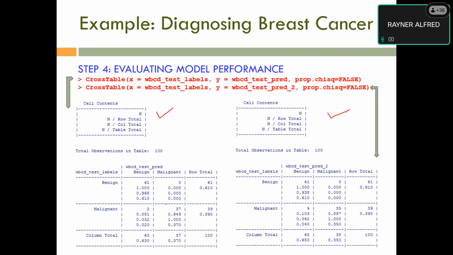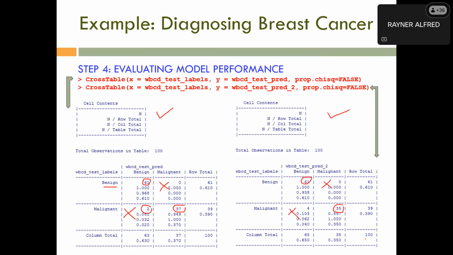So what we are looking at here is that because this is the test label, this is the predicted label, this is the true positive and true negative. So they are okay. But what we want to do is we want to reduce this. We do not want to have this because they are errors.